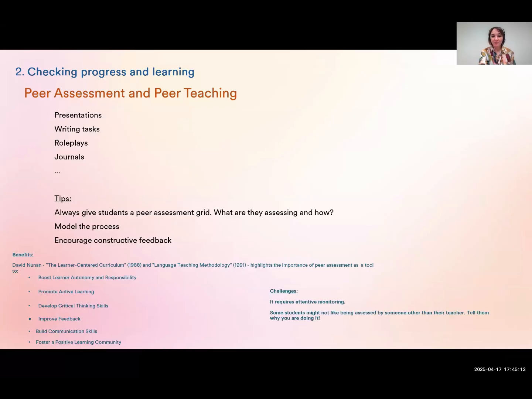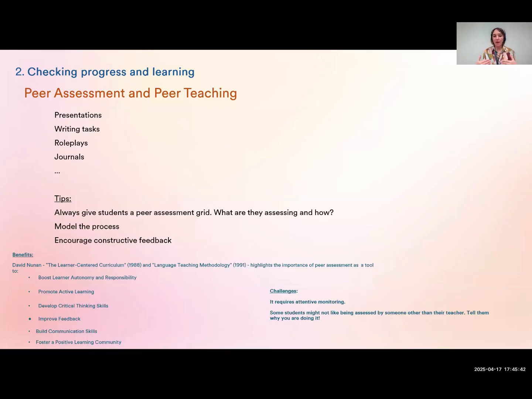Some challenges: it requires attentive monitoring. Of course you can't just let the students do it, because they're going to correct each other. And sometimes, maybe with lower learners, they might not go straight to the point or might correct something that was correct. So you have to monitor and make sure that this happens accurately. But also some cultures in particular don't like being assessed by other students.